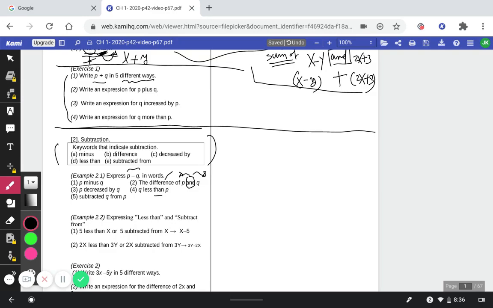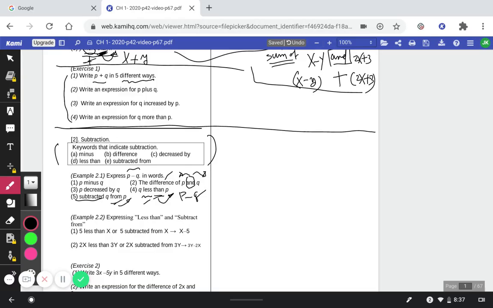Another thing you have to be careful about is 'than' again here. If you see 'than', you always start with the expression after 'than' first, P, and 'less' means minus Q. Another one that is very similar in subtraction is 'subtract from'.